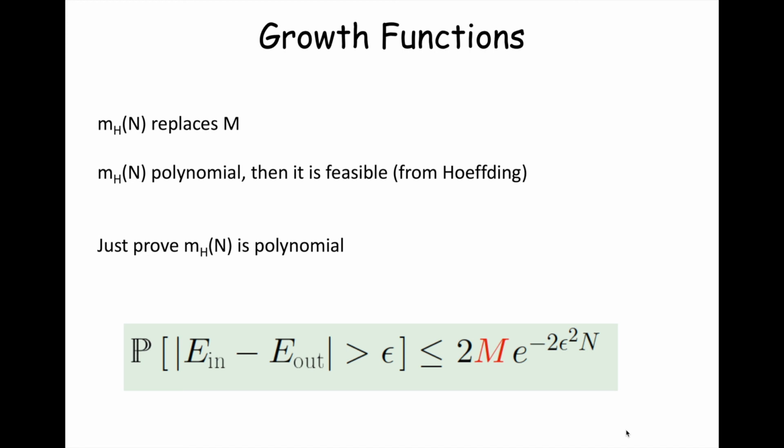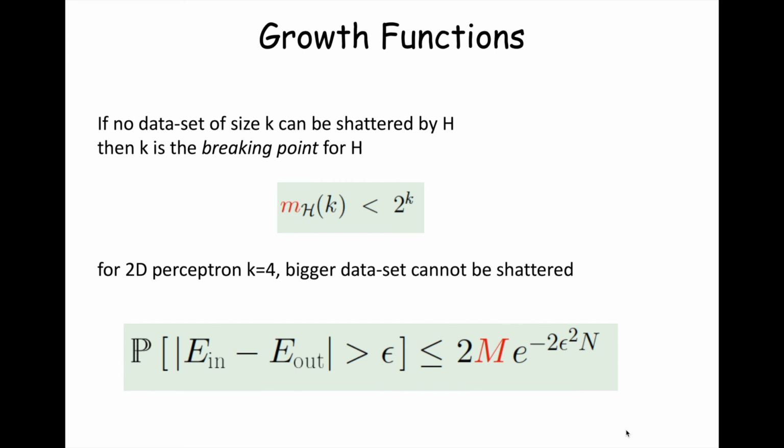Okay, so this idea about the growth function, we're going to use as our proxy for the complexity of the hypothesis set. And in doing so, you're going to make this much more feasible, through a tighter bound. And so there's a term called the breakpoint. You'll recall when we had the linear perceptron in the plane, when we went from a data set size of 3 data points to 4 data points, the perceptron could no longer keep up.